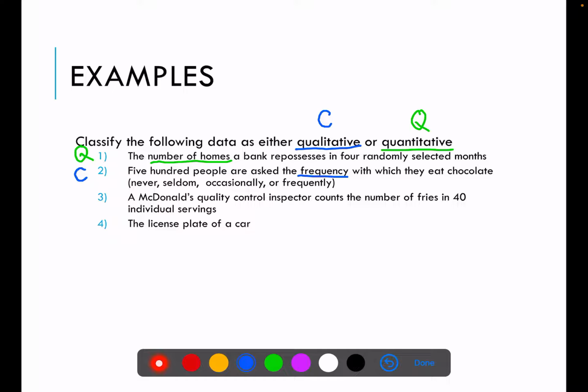Number 3, a McDonald's quality control inspector counts the number of fries involved in individual servings. Because you can count the number of fries, it's quantitative. The license plate of a car is categorical because it's a label.